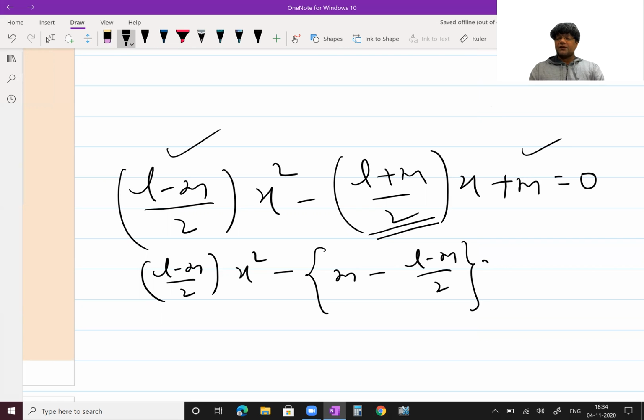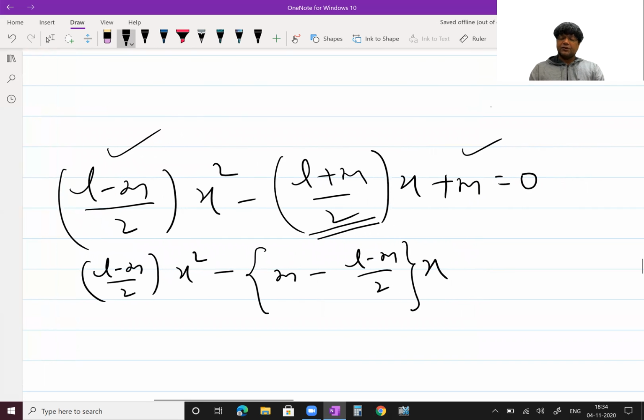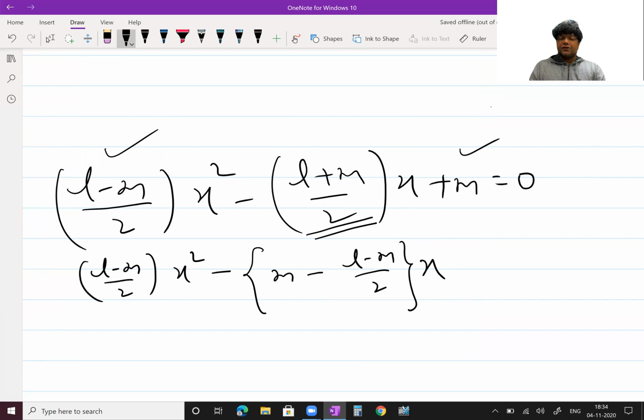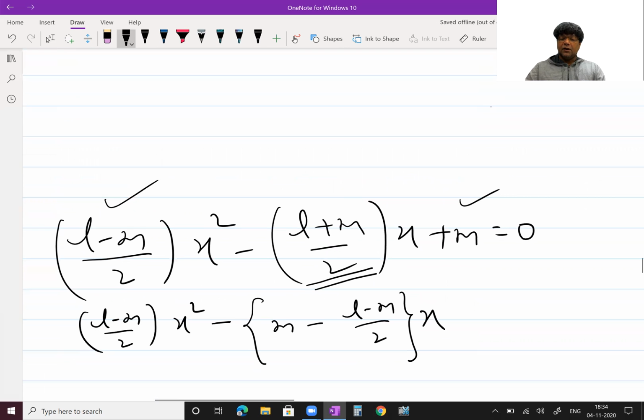Sir, how did you understand? Orally I calculated. Check. If you calculate this, 2M minus L plus M will happen. So 2M minus L plus M means M minus, oh no. No, no, no. If I do M plus (L minus M), then 2, yes, it will be plus. Guys, now it happened.